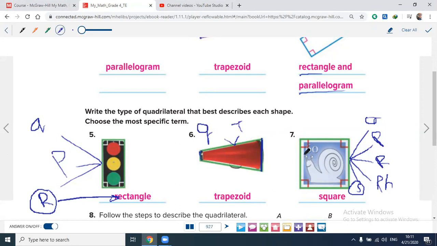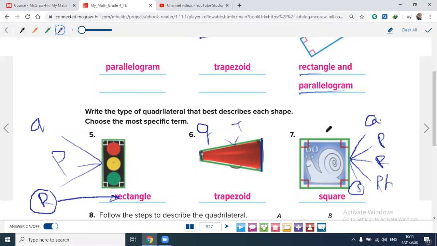Okay, here I have four sides and four angles, a quadrilateral, and a parallelogram.